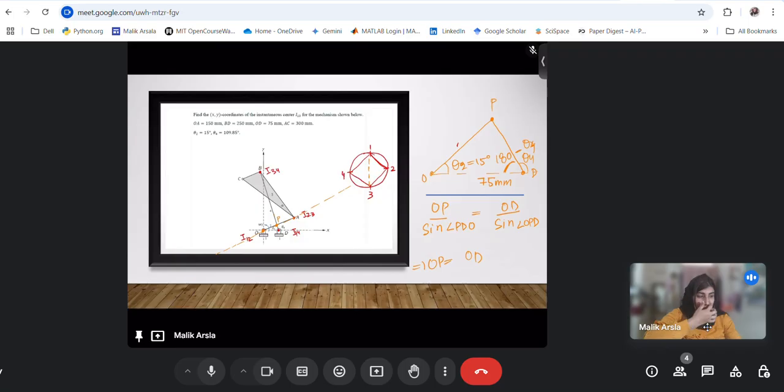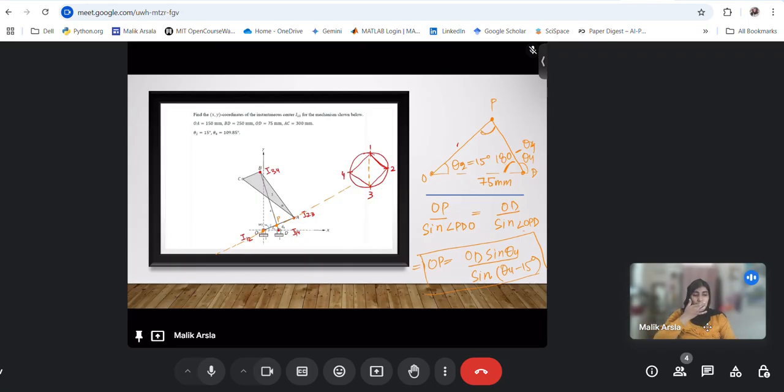So we can write it as sine of 180 minus theta 4, which is basically sine of theta 4. So it will be OD into sine of theta 4 upon sine of OPD. Now in the triangle, if this is theta 4, 180 minus theta 4, and this is 15, we can show that this angle OPD will be equal to theta 4 minus 15 degrees. Clear till here?